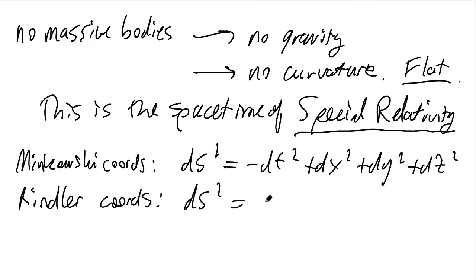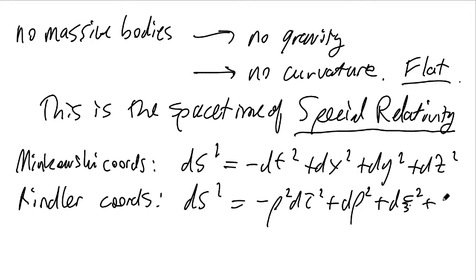The line element reads minus rho squared d tau squared plus d rho squared plus d xi squared plus d zeta squared. So these line elements represent the same spacetime. It's just a flat spacetime of special relativity, just expressed in different coordinates.